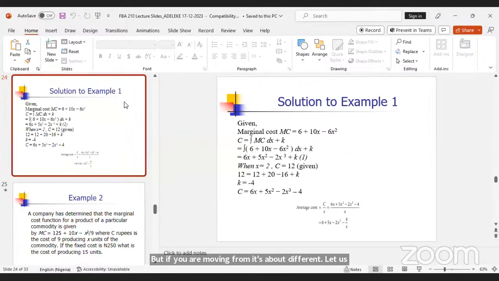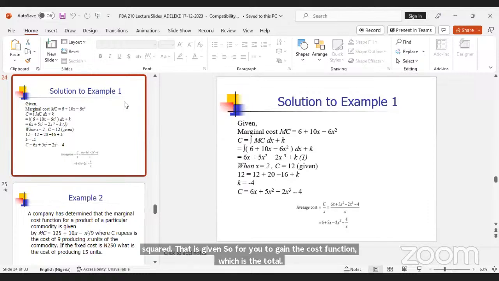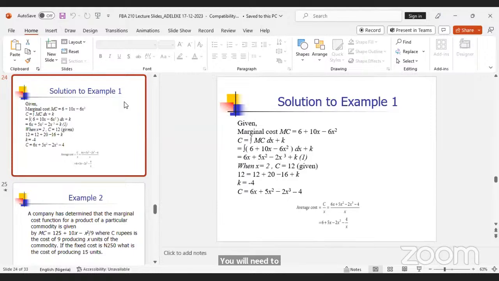Now let's look at the solution. The marginal cost is given: 6 plus 10x minus 6x squared. For you to get the cost function, which is the total, you will need to integrate. Now look at the function that you have there. I want to integrate 6 plus 10x minus 6x squared.